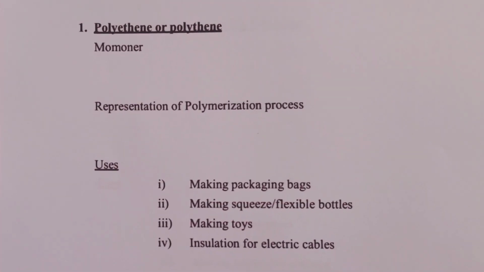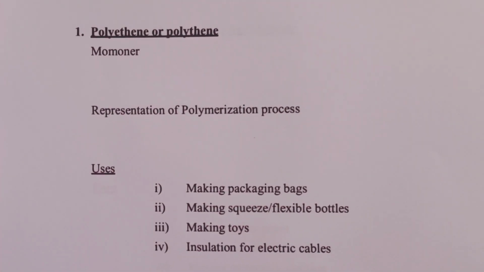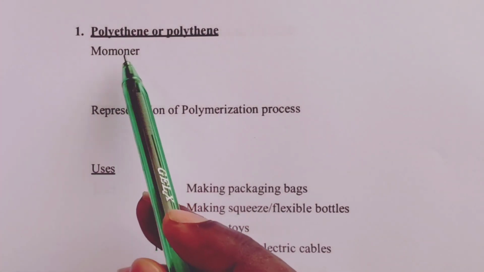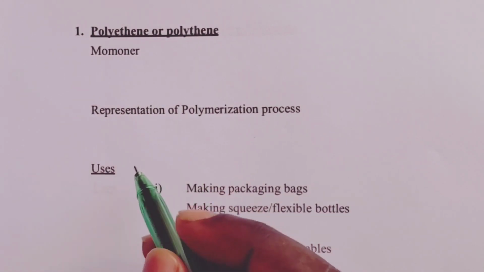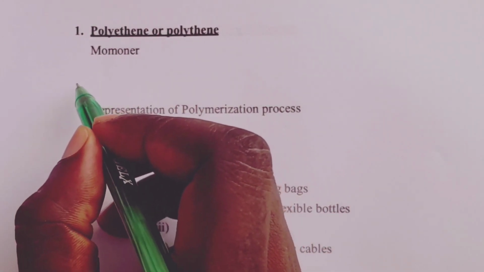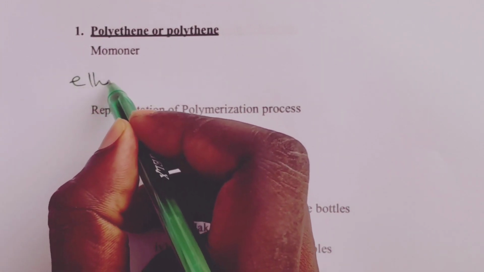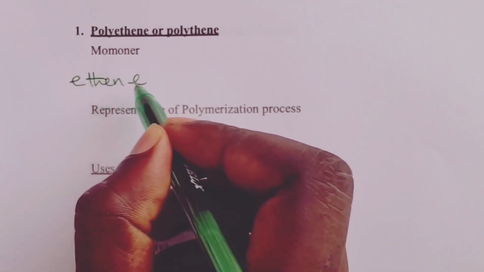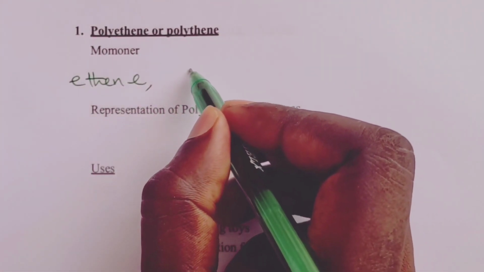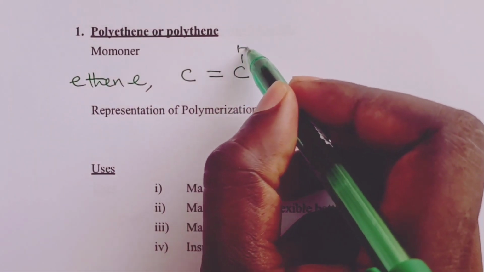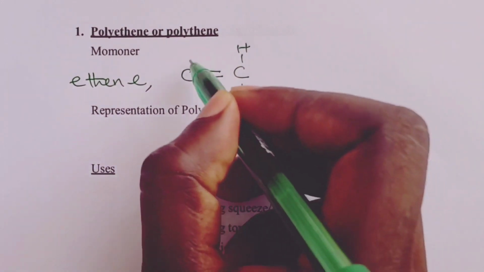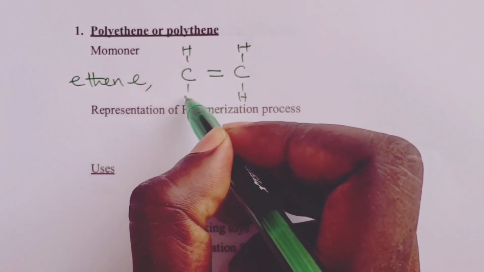The first addition polymer we present is polyethylene, or simply polythene. So let us have a look at its monomer. Its monomer is a thin molecule with the structure C double bond C and 4 hydrogen atoms, ethene.